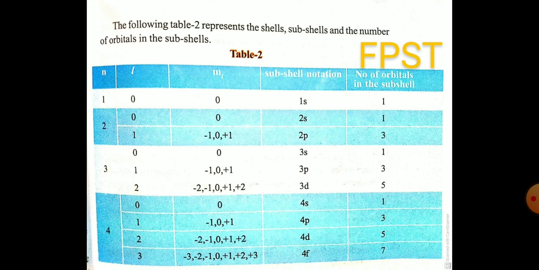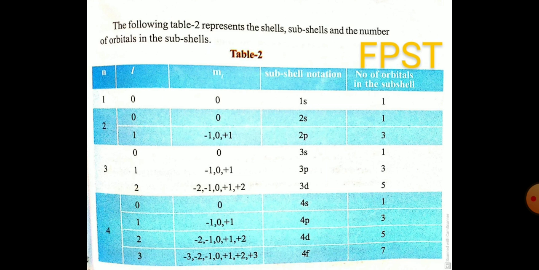Here we can see it. N is equal to 1, L is equal to 0, ML is also 0, that is 1s. Number of orbitals is 1, subshell 1 and orbitals 1. In the second shell, n is equal to 2, L are 0 and 1. ML value for L is equal to 0 is 0.